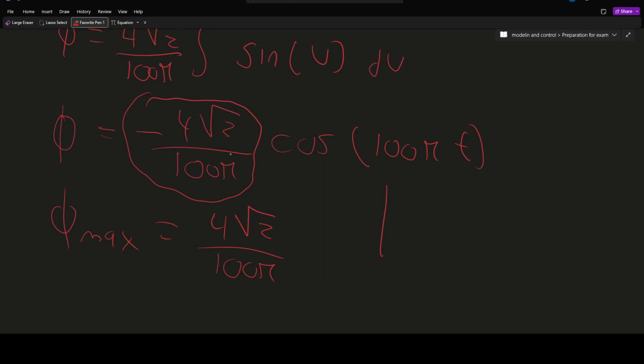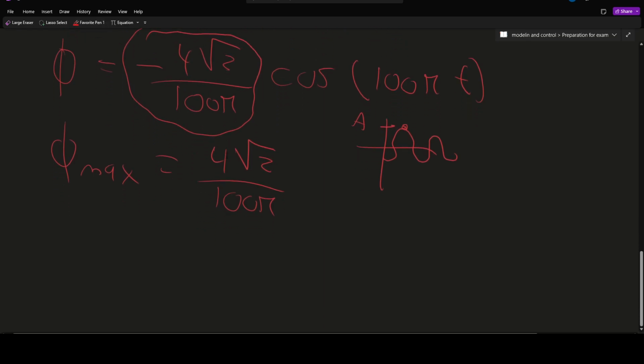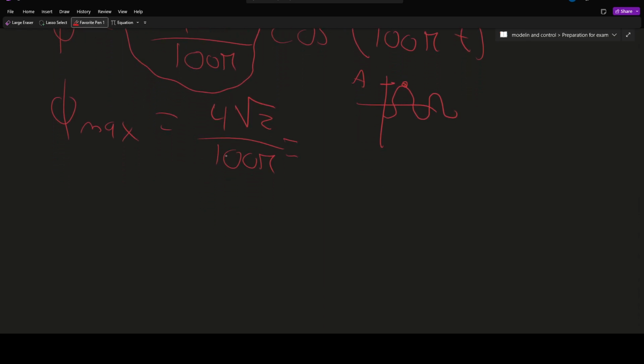When we plot the minus cosine, we know this is gonna be the maximum, this is the amplitude that we got here, and this is just 0.08.